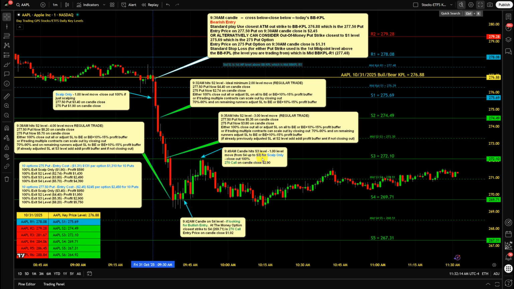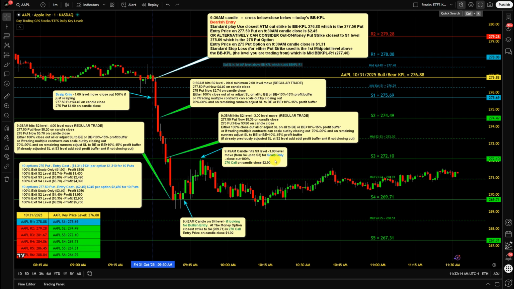And on this candle close, on the scalp only, moving from S4 up to S3, closing out 100%, the 270 call on the candle close is $2.90. So that is on 10 contracts, that's almost a dollar. It's 2 cents shy.